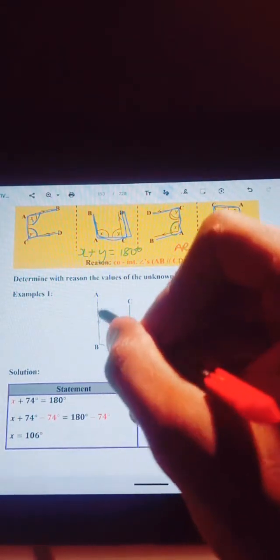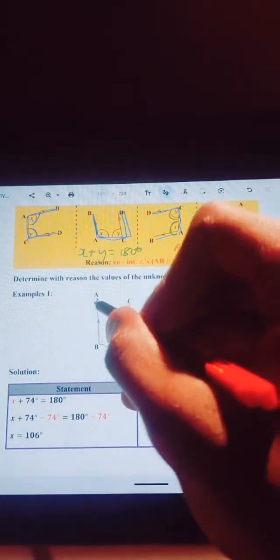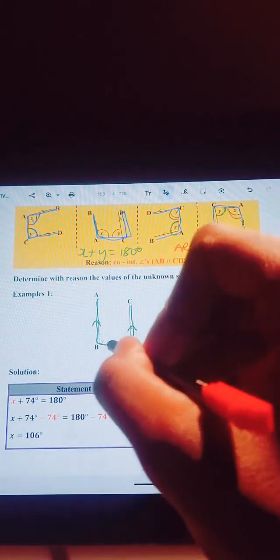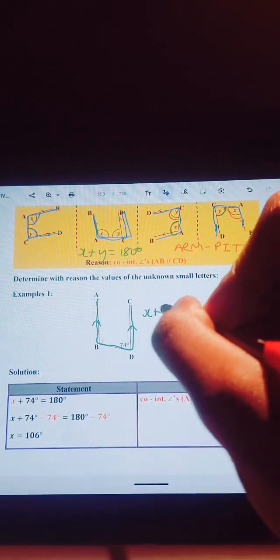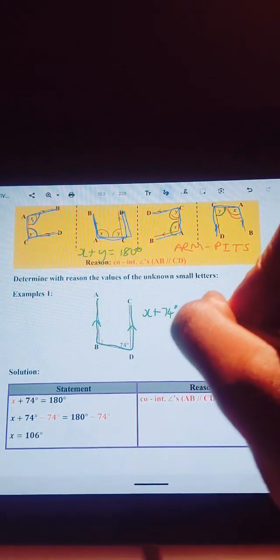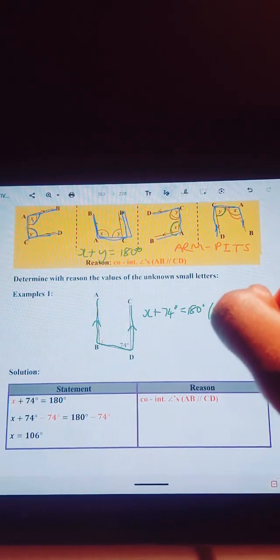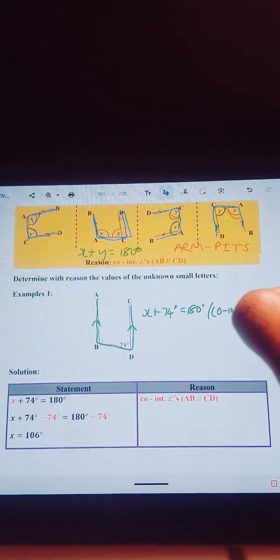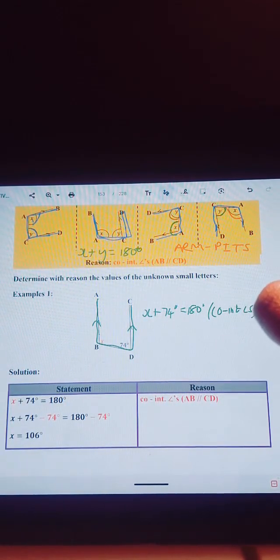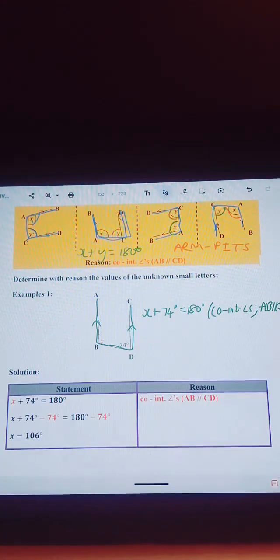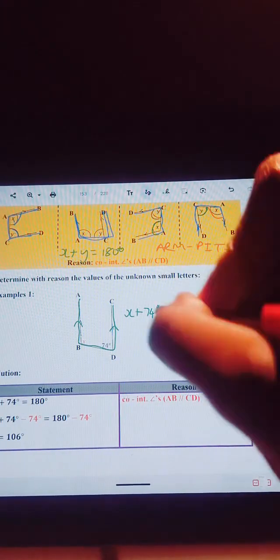So here we have it. U shape, U. But the lines are parallel. So we can say X plus 74 degrees is equal to 180. Reason, co-int angles. Then we state in semicolon, AB parallel to CD.